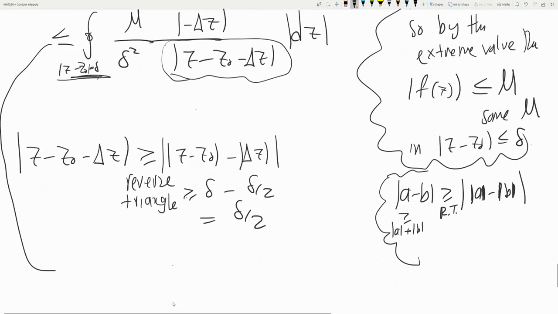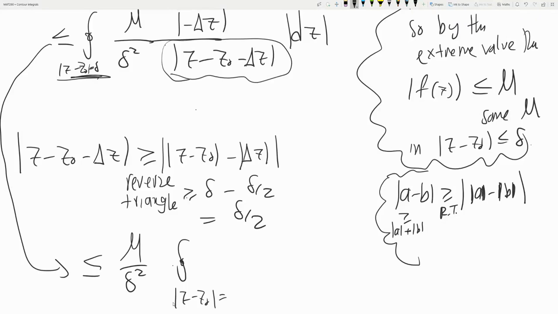So let's rewrite. What do we have? We have M. We have delta squared. The delta z comes outside. And we also have delta over 2. We're almost there.